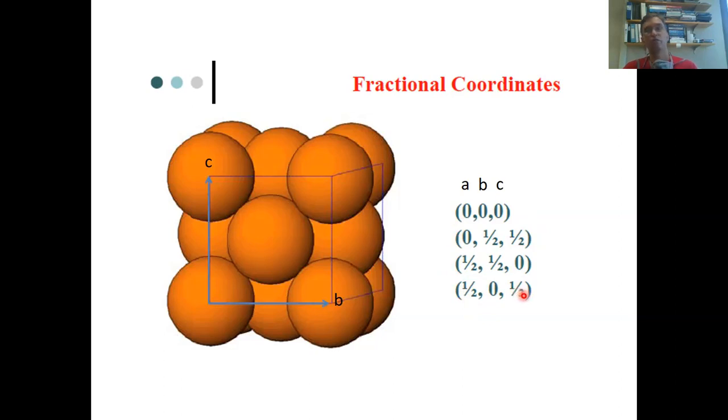With these 3 additional coordinates, we would identify the positions of all 6 atoms that sit on the face centers. But we mention only 3 of them because the other ones are produced by translational symmetry.